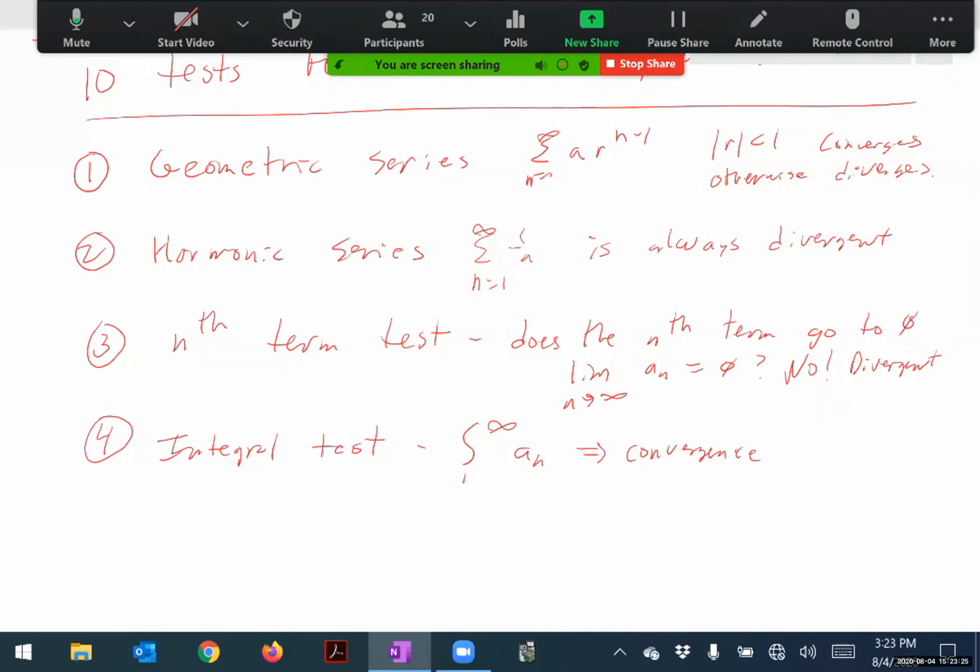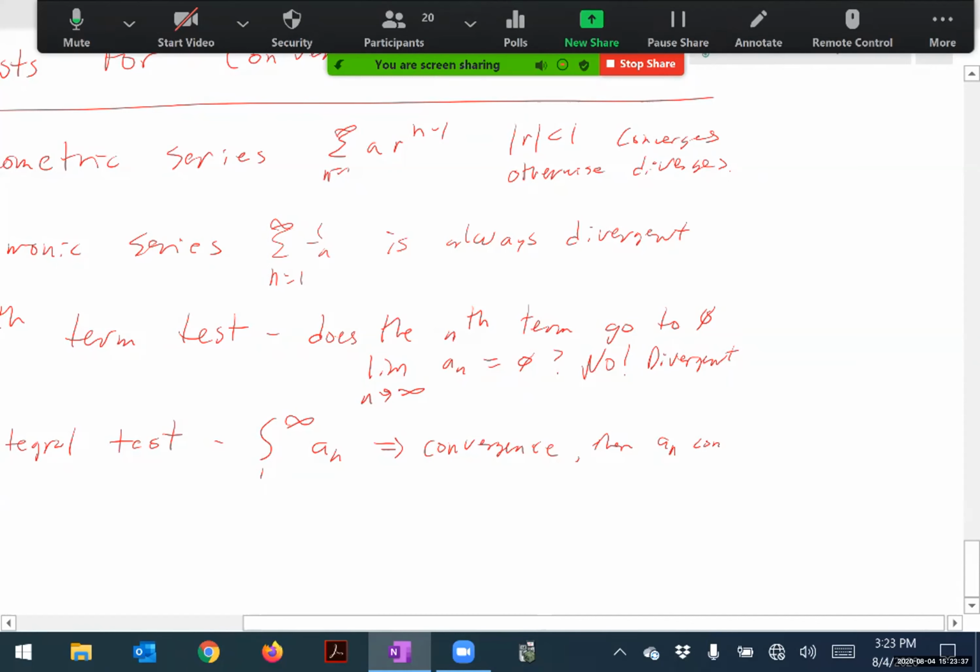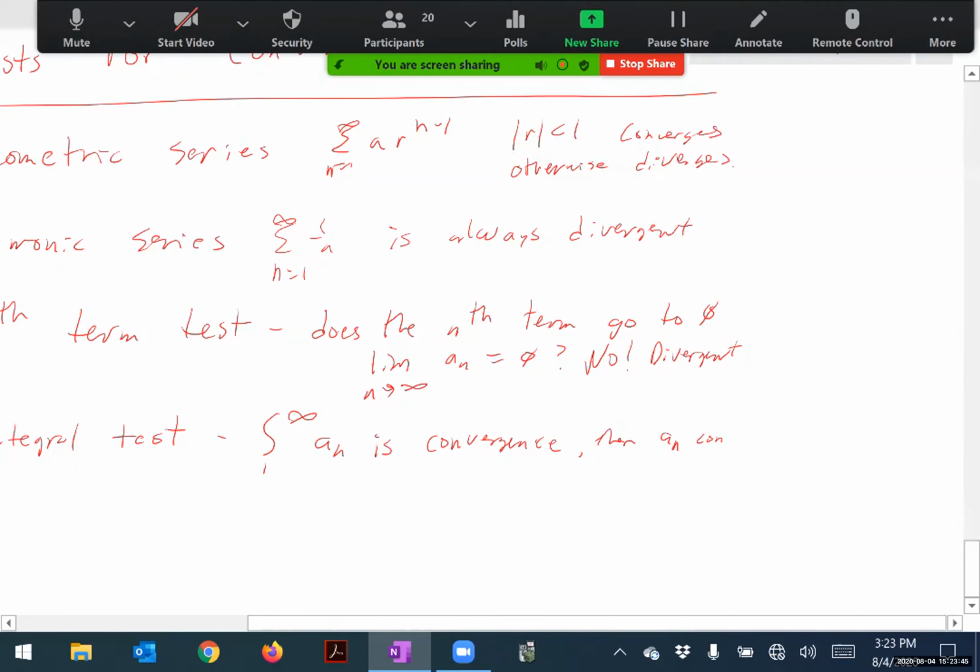If this is convergent, then the original series, the summation of a sub n, is also convergent.